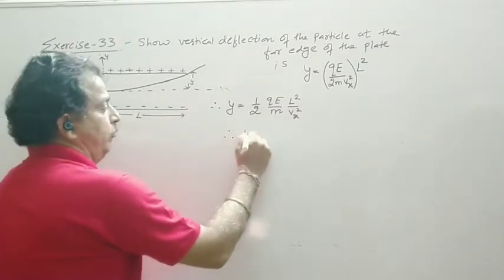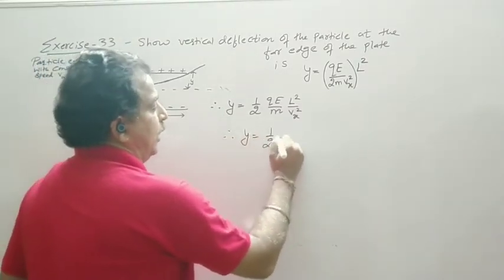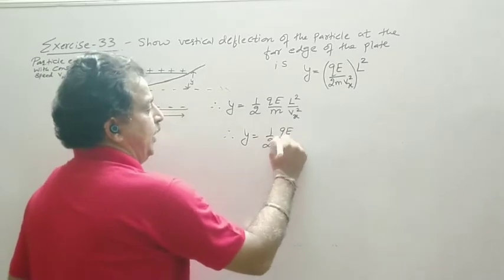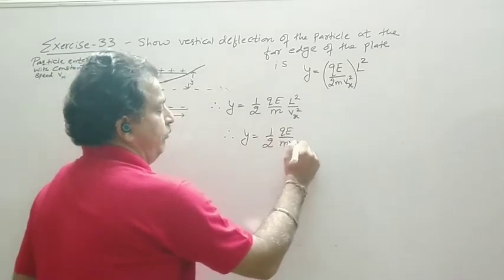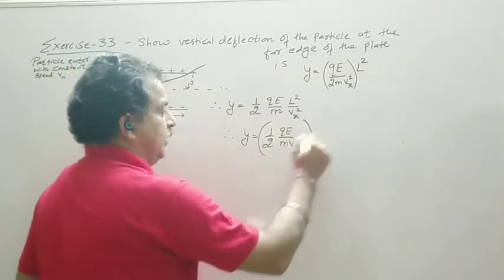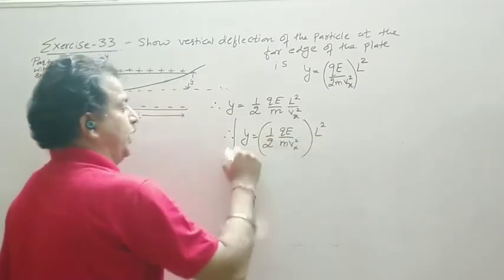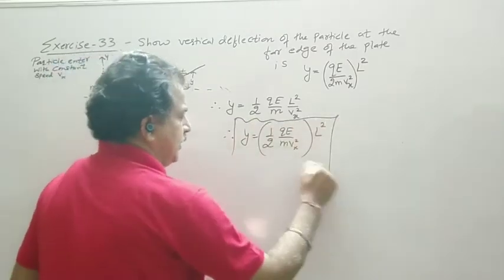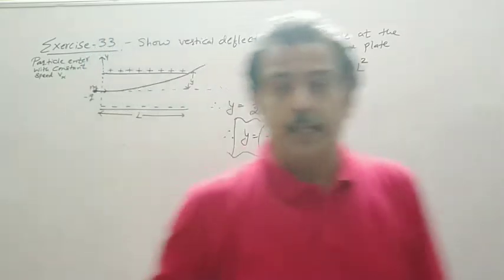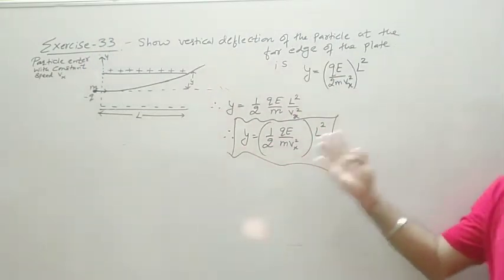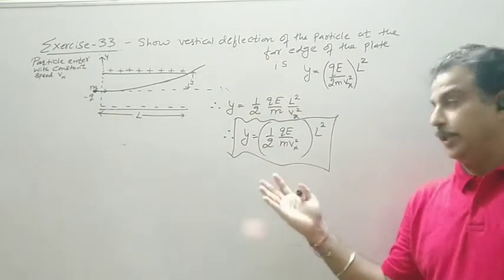Therefore, y is equal to half QE upon m Vx square into L square. This equation is similar to projectile motion.